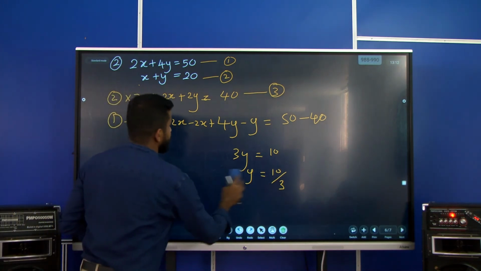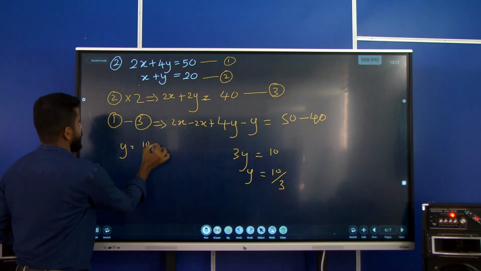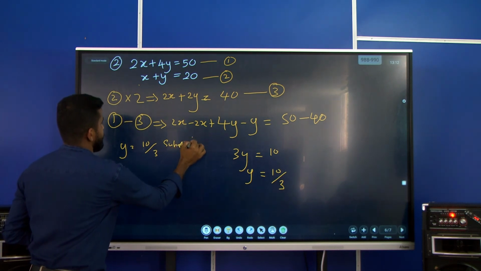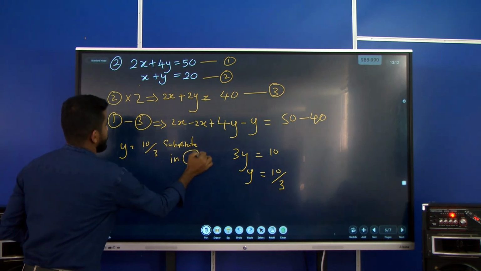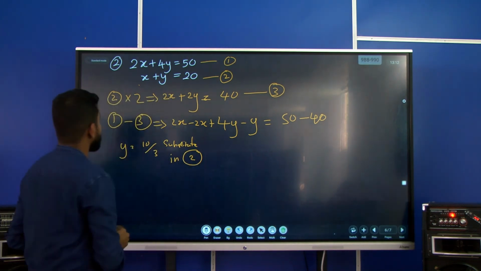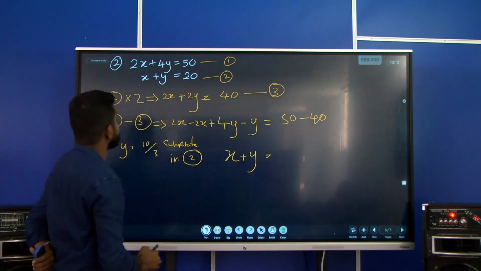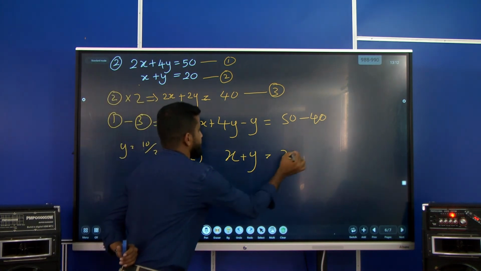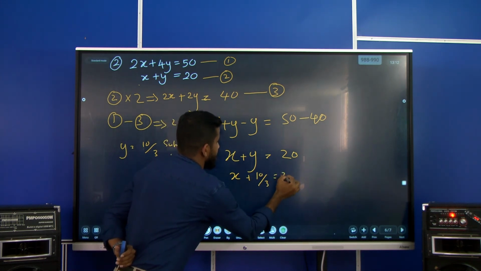Y is equal to 10 upon 3. Substitute in equation number 2: x plus y equals 20. We know y is equal to 10 upon 3, so x plus 10 divided by 3 is 20.